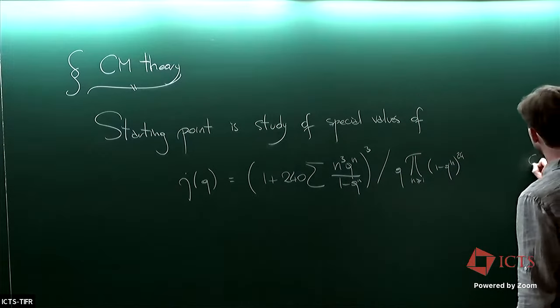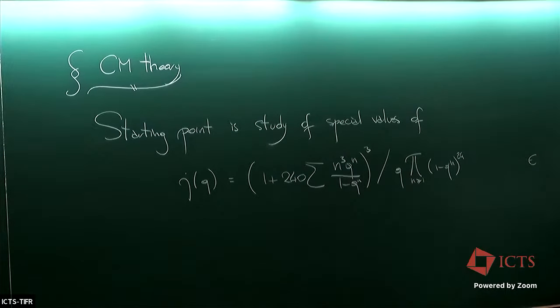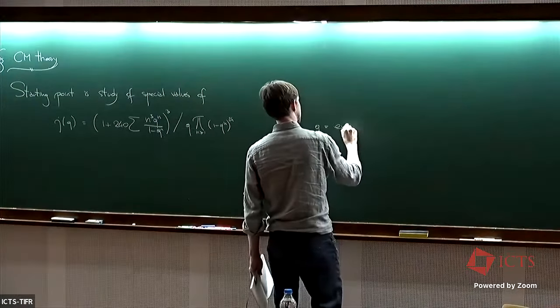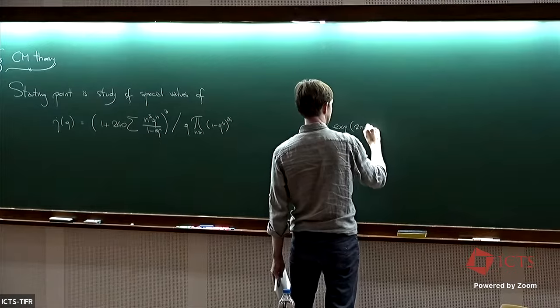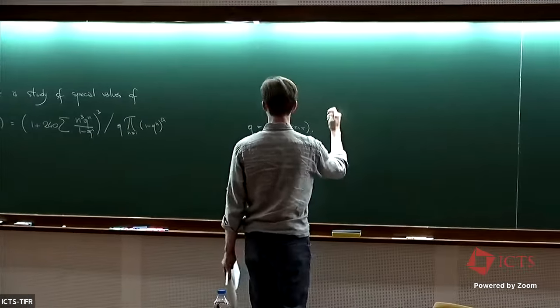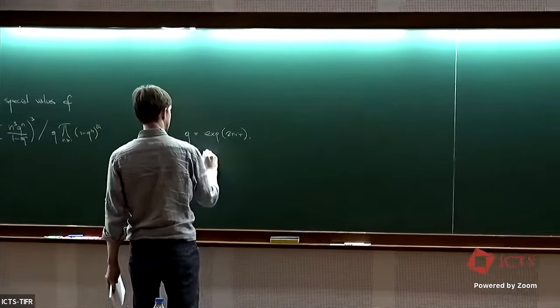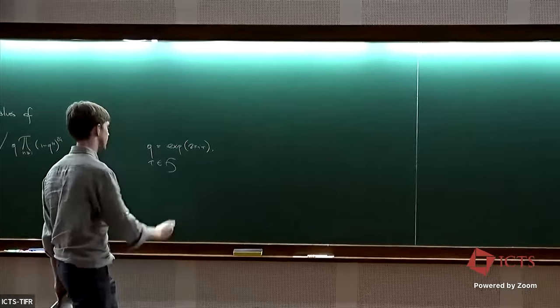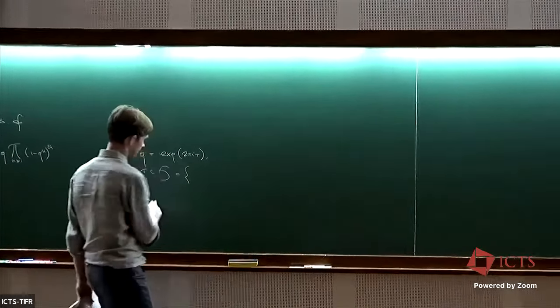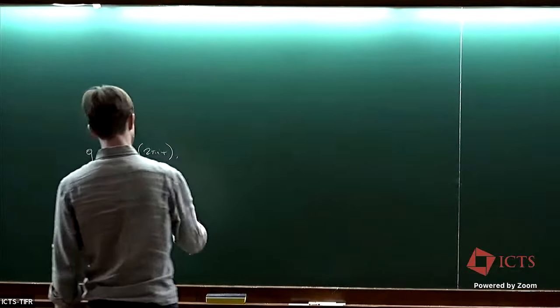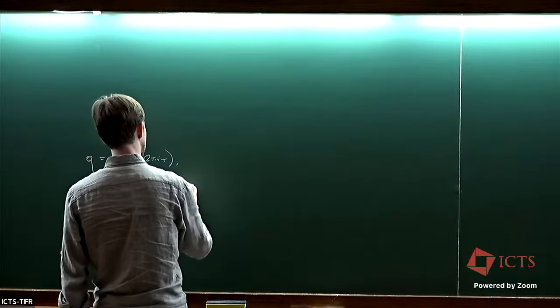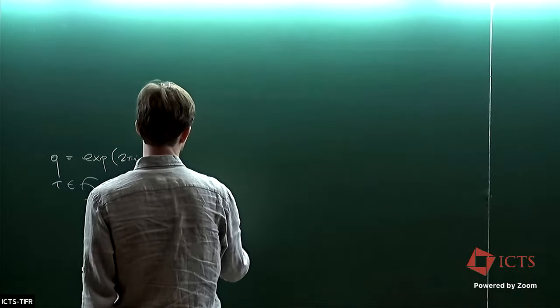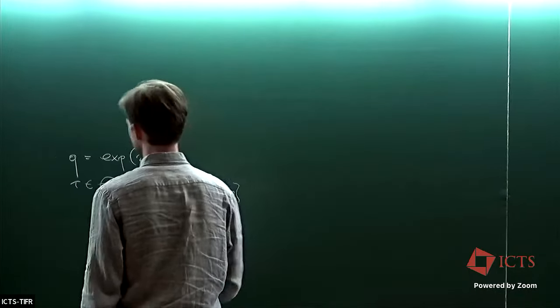So this is a q-series that I'll work out in a second, where I'm using the variable q to mean the exponential of 2 pi i tau, where tau is contained in the Poincare upper half plane, for which I'll use this fancy German H, and it consists of all of the complex numbers that have positive imaginary part.